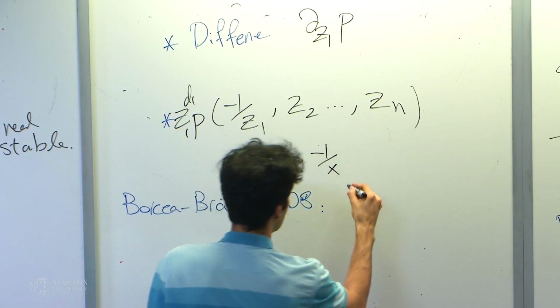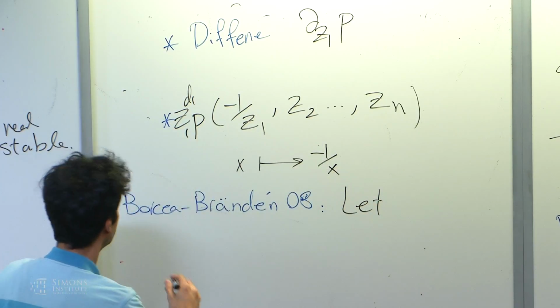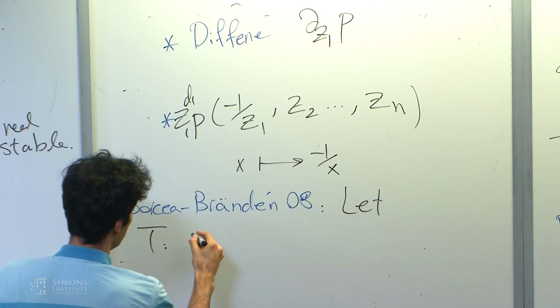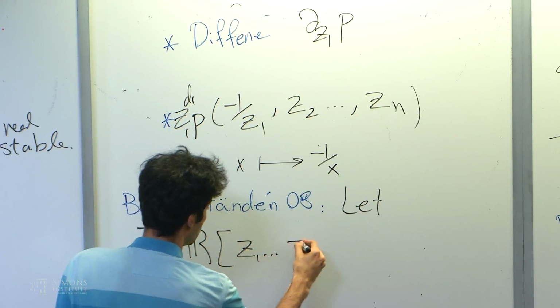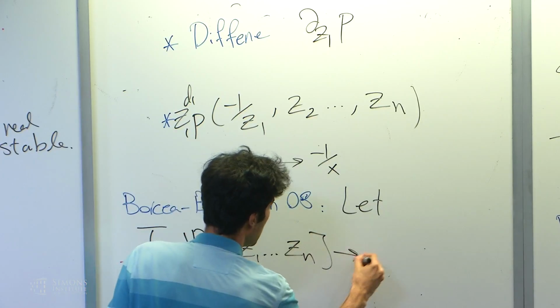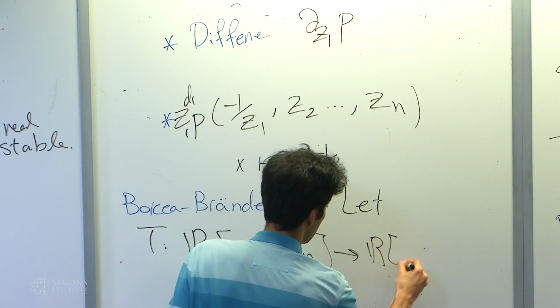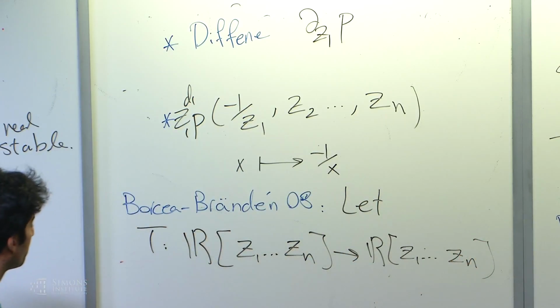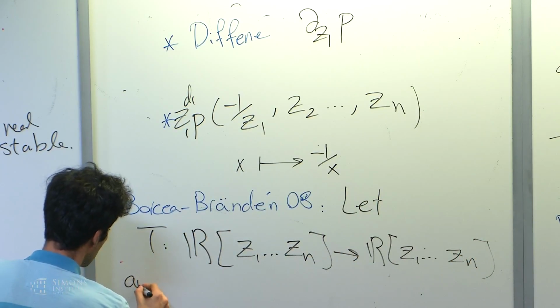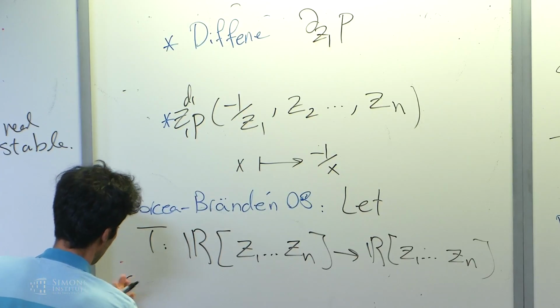Let T be an operator which maps polynomials in z1 up to zn to polynomials in z1 up to zn. Suppose it's defined as follows.